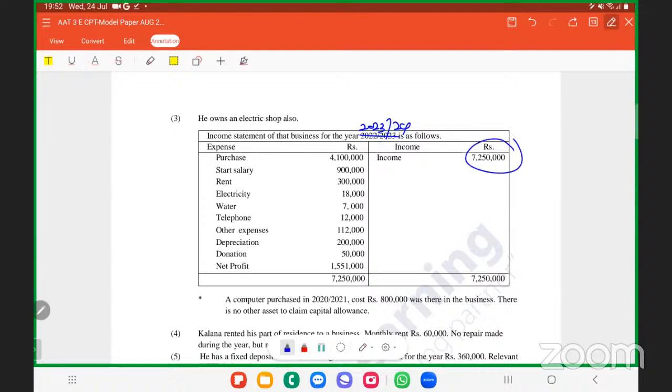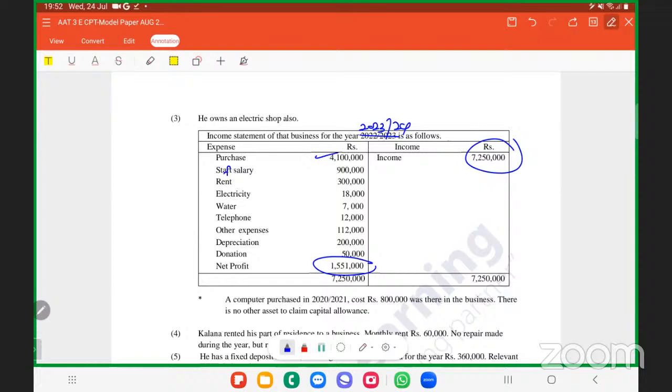When calculating this net profit of 1,551,000, they deducted these expenses. Purchases: when you need to sell electrical equipment, bulbs or whatever things, you need to purchase them. Therefore, the cost of that purchase item you can deduct as an expense as per section 10.